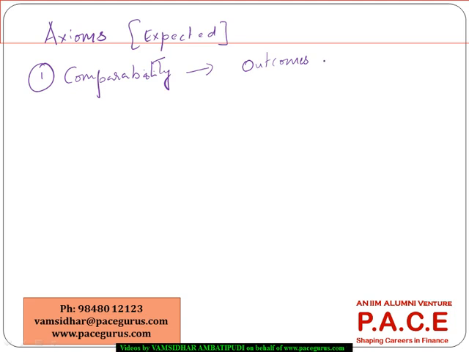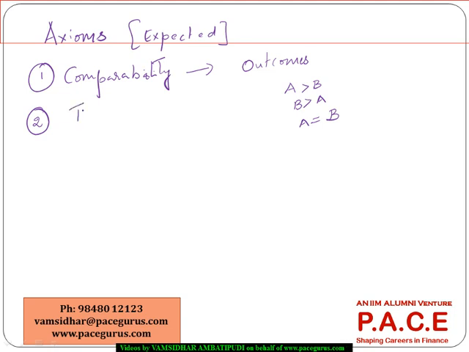Either he is able to make a choice saying A is much preferable to B, or B is much preferable to A, or he is indifferent between A and B. Based on the computation of the utility, he can always compare the utility or the satisfaction that he is able to derive between the two outcomes.